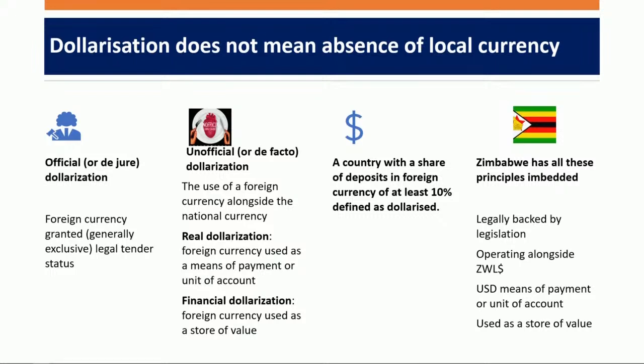If we want to completely de-dollarize, probably our share of USD deposits in total deposits should be less than 10%, which is very, very difficult to do indeed. So when they say no country has ever de-dollarized, that's not correct. Many countries have de-dollarized, but those that have completely de-dollarized are probably very few. But I'm sure we'll find one or two examples of countries that have completely de-dollarized.